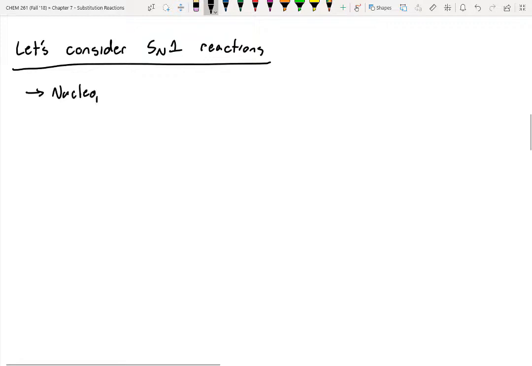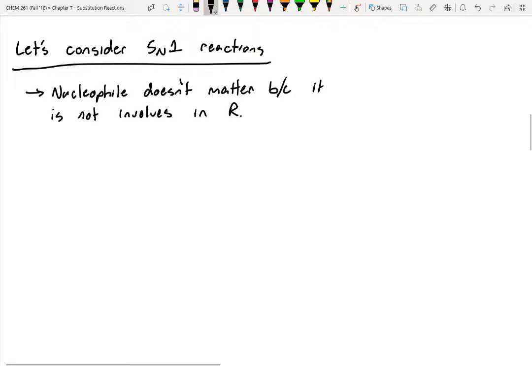So the nucleophile doesn't matter as much because it is not involved in the rate limiting step. And I'm going to call rate limiting step RLS. And instead, the rate limiting step is what?